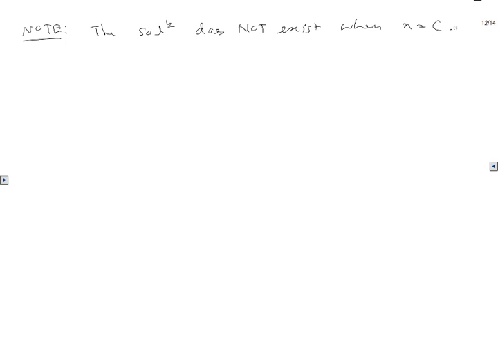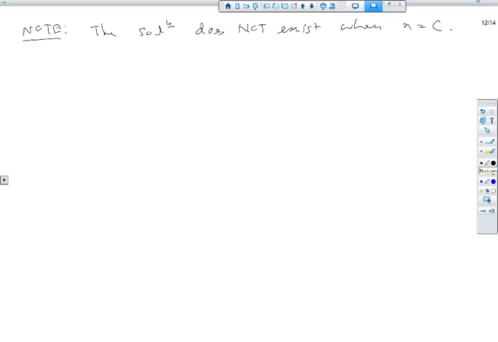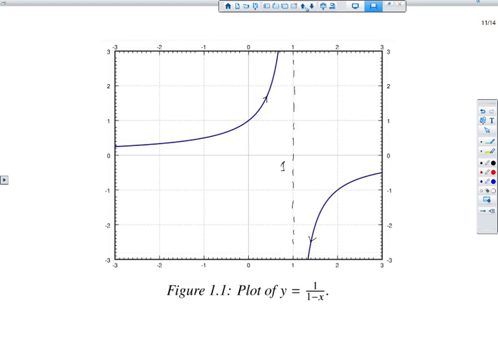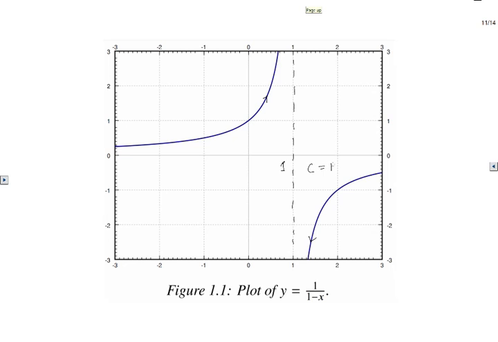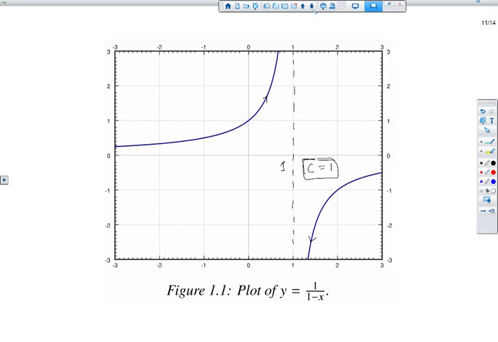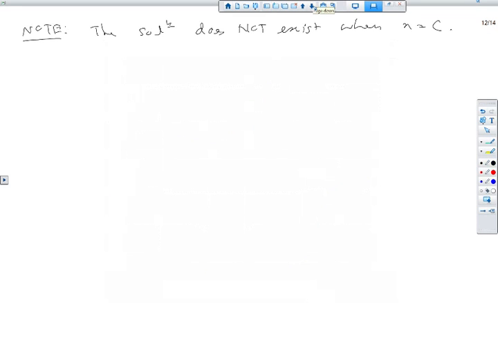Okay, x equals c. In the graph, it is x equal 1, because c equal 1. So here c is equal to 1. So that's the special case we are trying to do here. Good. So the solution does not exist when x equals c.